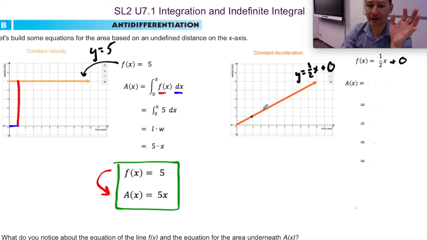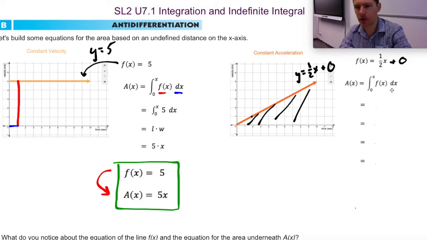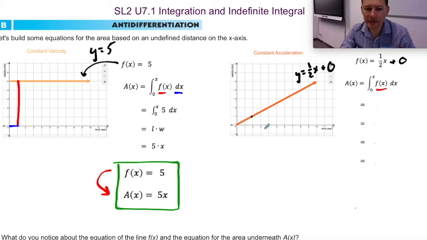If we were trying to find the area under this curve, the area would be the integral of f of x dx. F of x just means the height based on where it is on the line, and dx just means the distance over, right?